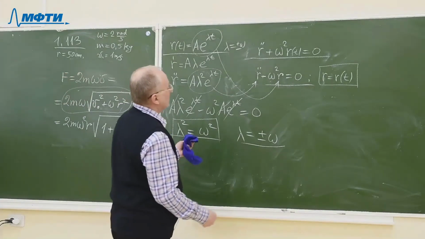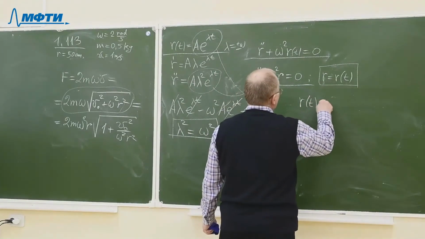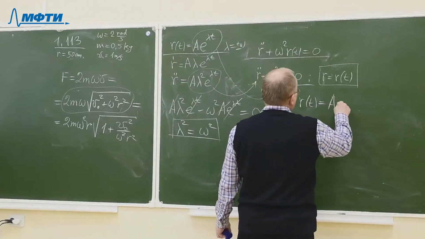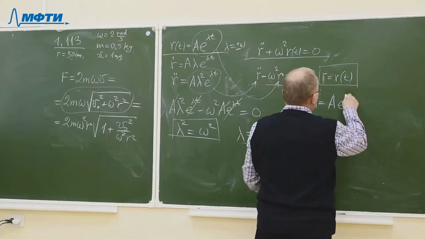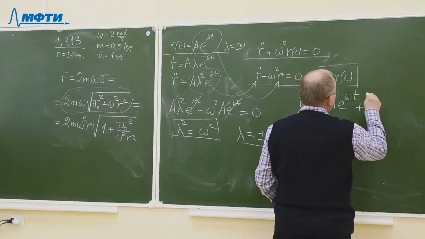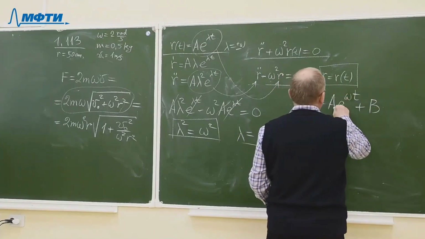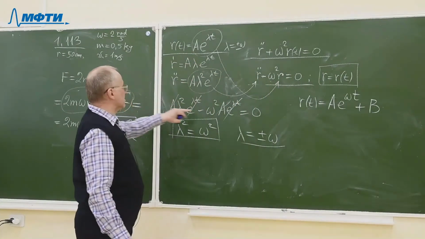That means that the general solution will be a exponent of plus omega t, and plus another coefficient. Any coefficient a will do, because a is cancelled.